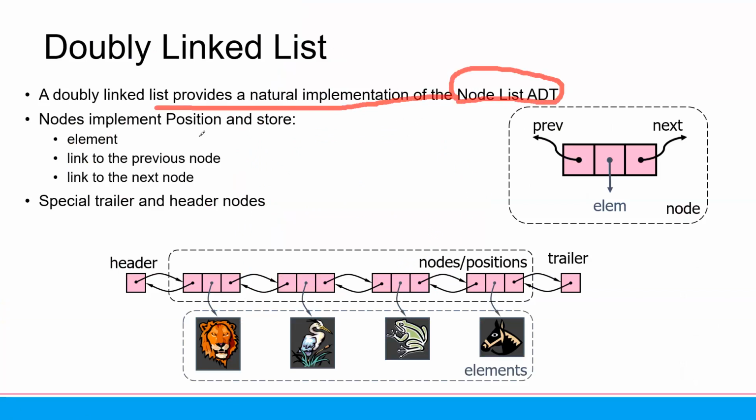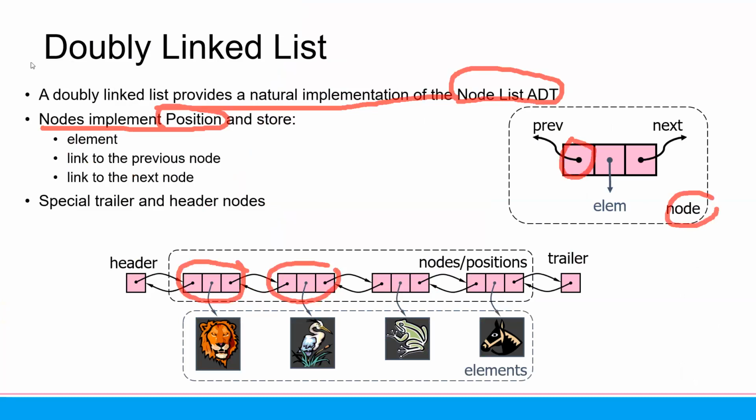But now, when we apply the nodes here, there is one more thing, which is the position. So the node will have the position, and then the node will have one more element which is connected to the previous.